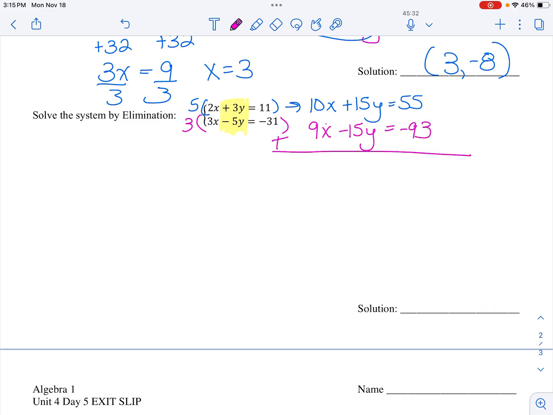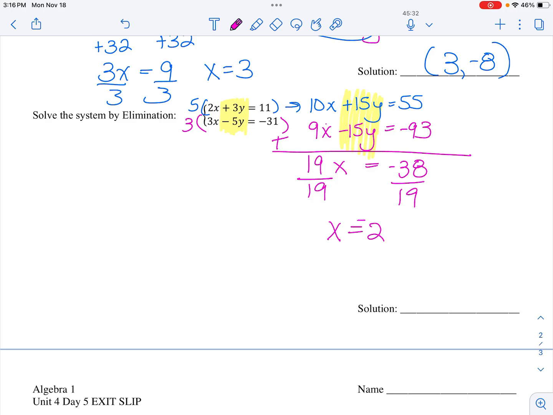Again, I know I did well because these numbers are opposites, so they eliminate. So when I add down, I end up with 19x equals 55 plus -93 is -38. Divide by 19, x equals -2.